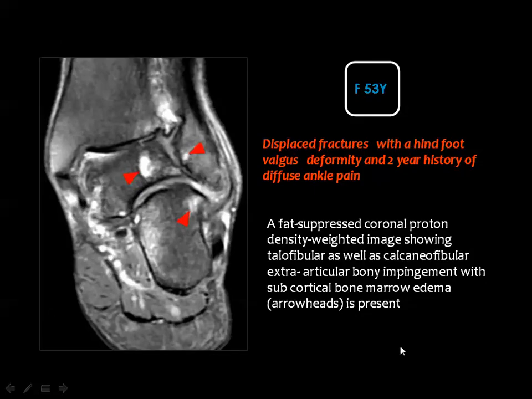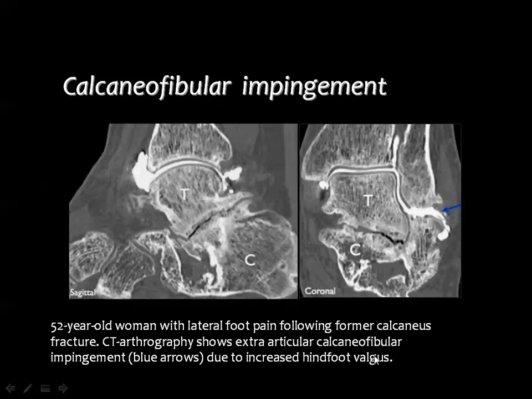And this is another example of displaced fracture with a hindfoot valgus deformity and 2-year history of diffuse ankle pain. And if you look here, the same situation, there is valgus deformity of the calcaneus facing the fibula with tri-compartmental osteoarthritic changes between the fibula and the talus, as well as the calcaneus.